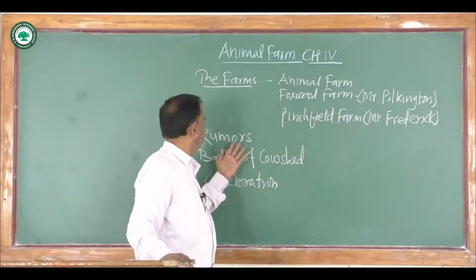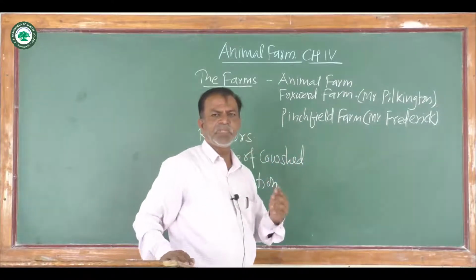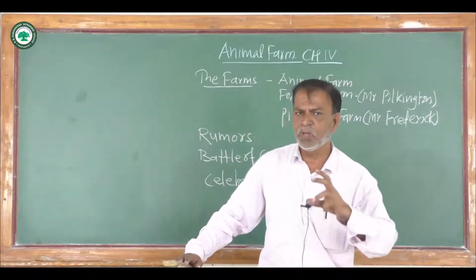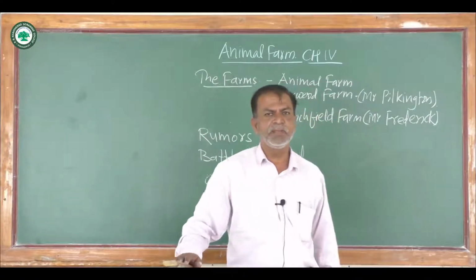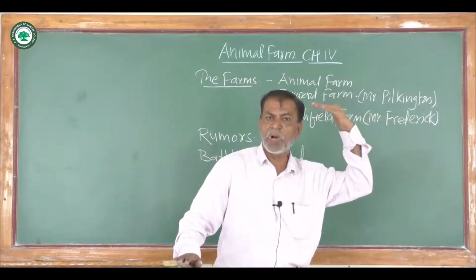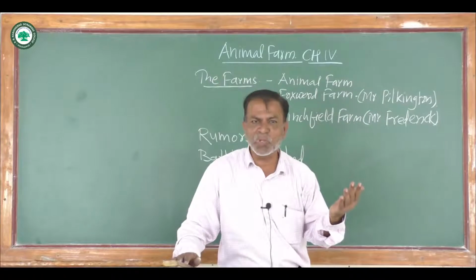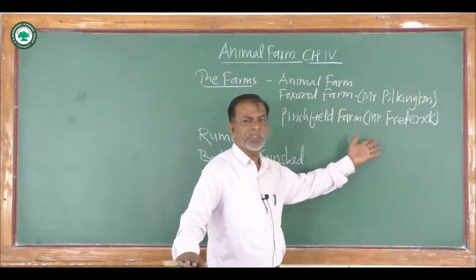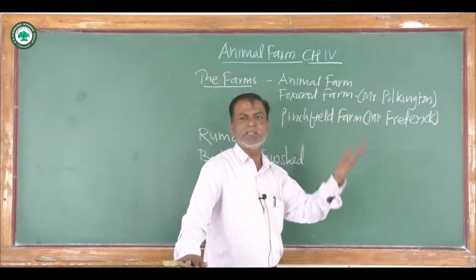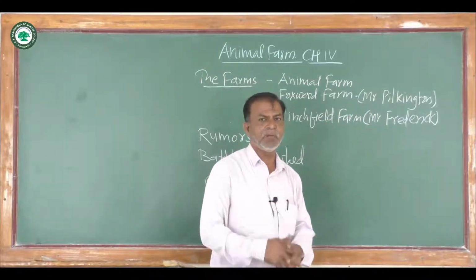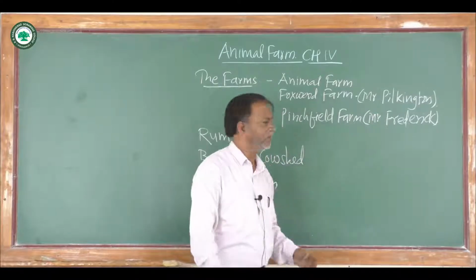The second important thing in this chapter is about the rumors. How the owners of these 3 farms, I mean here the owner of Manor Farm, that is Mr. Jones, and his men, as well as Mr. Frederick and Mr. Pillington, how they spread rumors about Animal Farm.